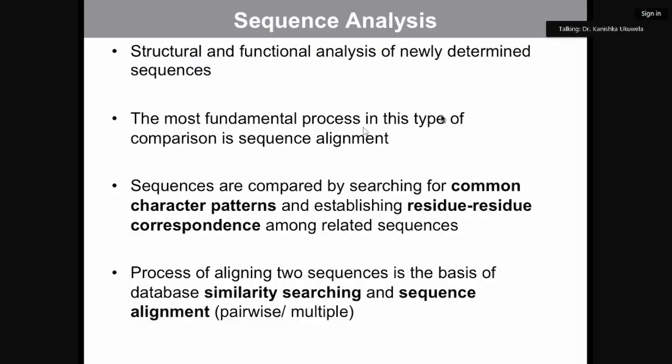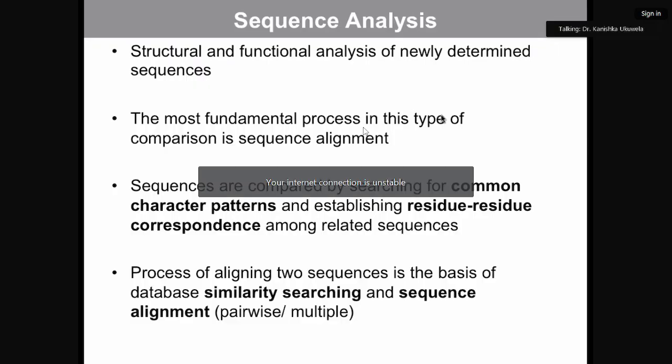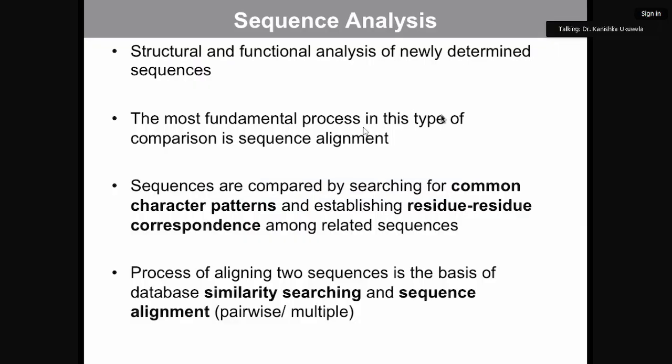So one of the fundamental aspects of sequence analysis is differences, basically. So how are these sequences compared, right? When we are comparing with other sequences, the main comparison comes to the comparison of character patterns, right?